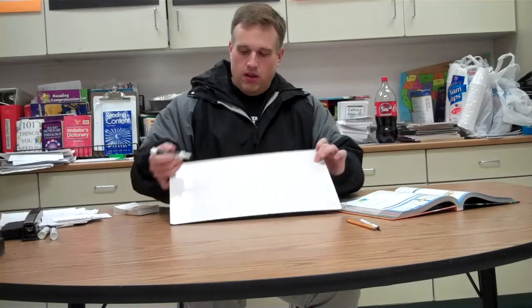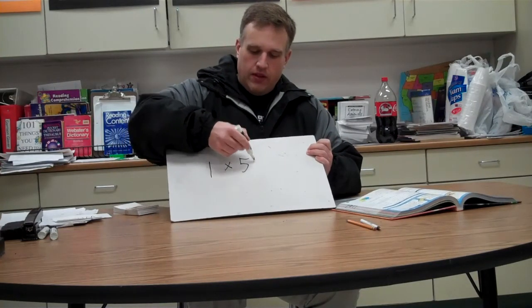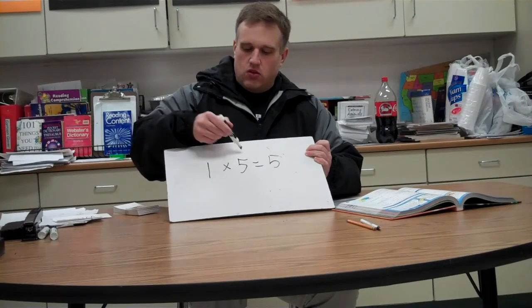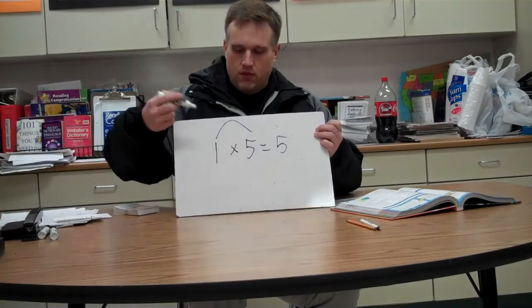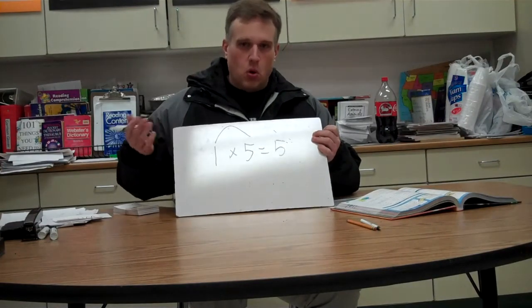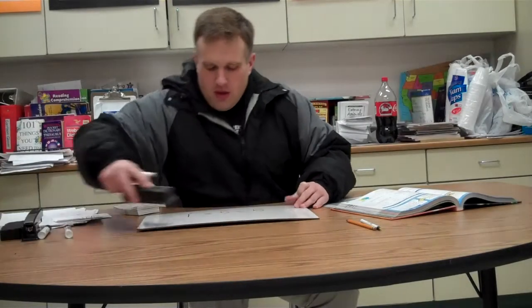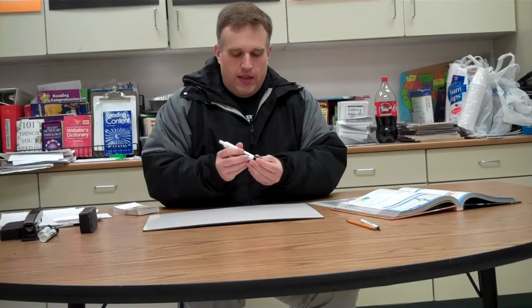So I would multiply 1 times 5 equals 5. So these numbers are my factors. These are the two numbers that I would multiply together to get that answer or product. Okay? So that's what the factors are. So basically when we find the GCF, we have two different numbers that we have to find all of the factors of, and then we find the greatest common, or the biggest, that's in both numbers.